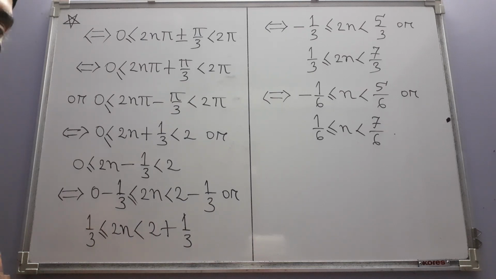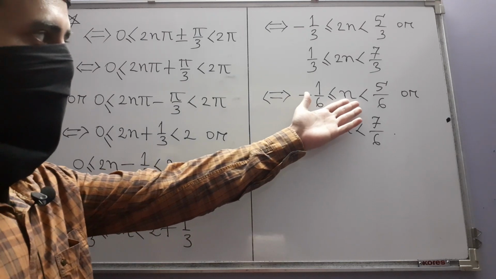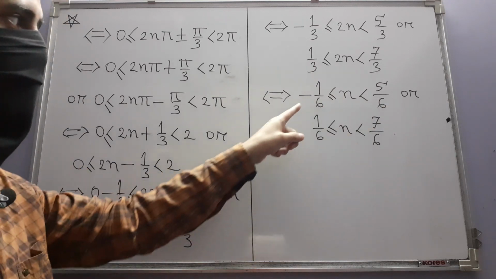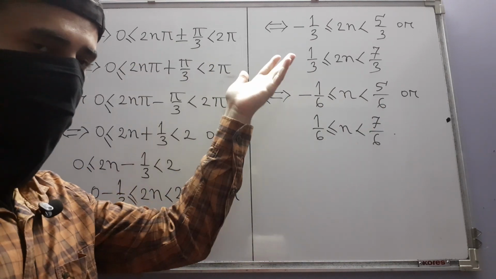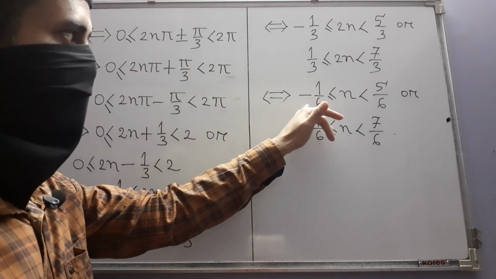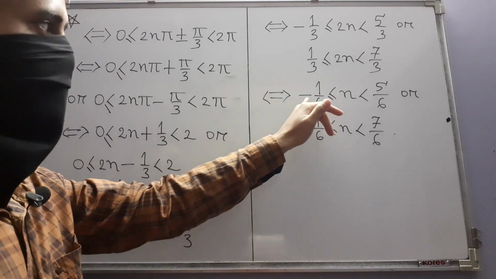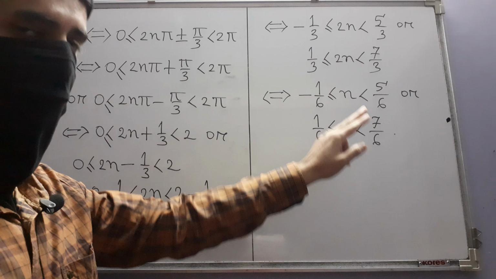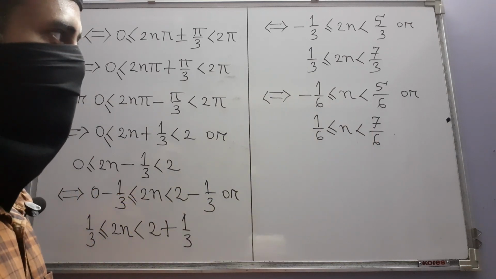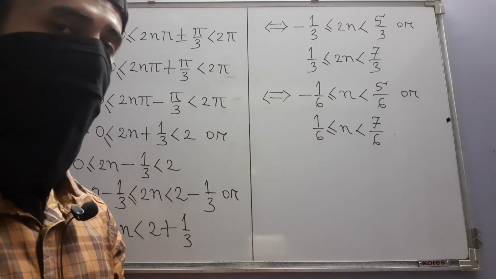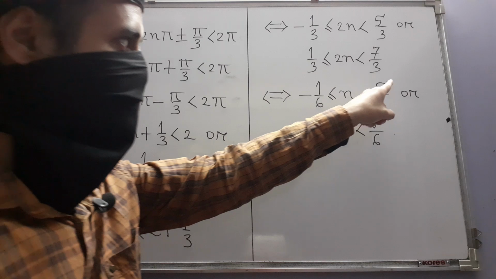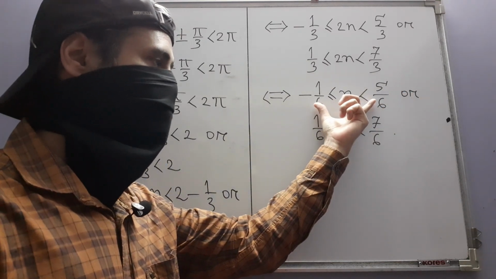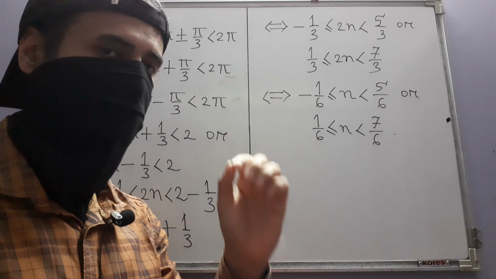So what type of n can we expect from the first set of inequalities? Just like the previous one, n cannot be minus 1 because this is already greater than minus 1. N can be 0 however. Can n be 1? No, because 5 divided by 6 is less than 1. So here only one value of n is possible, which is 0.